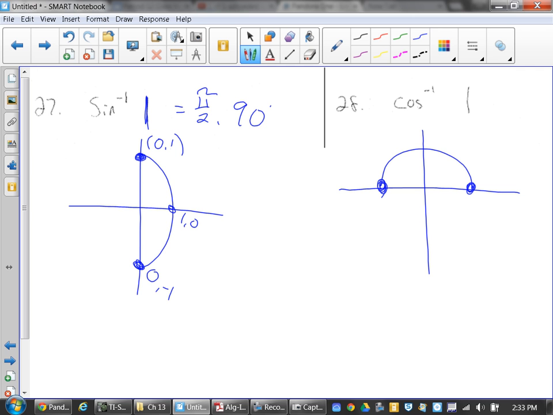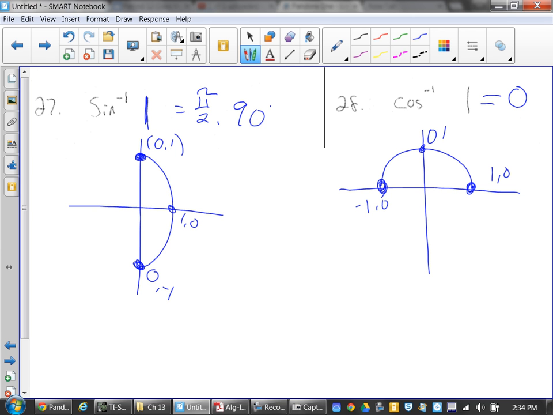It's looking for a cosine value equal to 1, which means it's going to be on one of these 3 quadrantals: 1, 0; 0, 1; negative 1, 0. Which one of those points has a cosine value of 1? At 1, 0, so what's my answer? 0. If 0 is in radians, what's its degree? 0. Do you have to write it down twice? Yes.